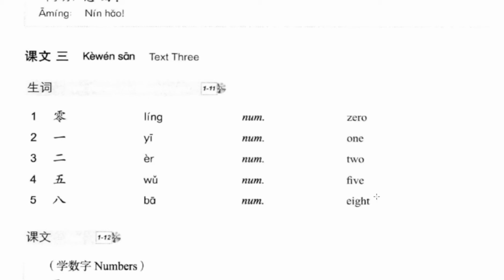3. Oh sorry, the fourth. In English 5 and 五 means 5, and 8 八.